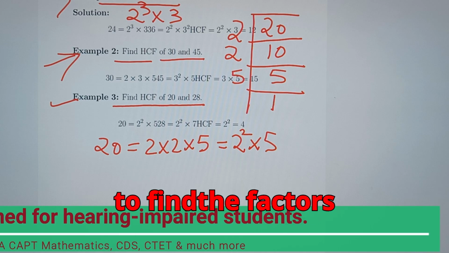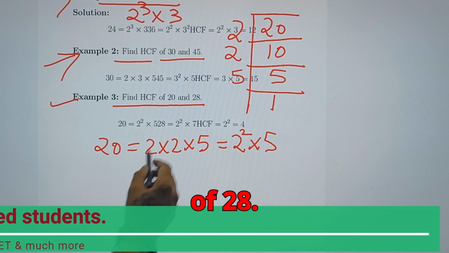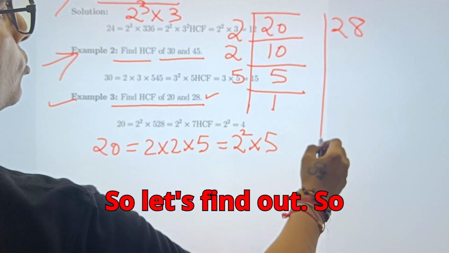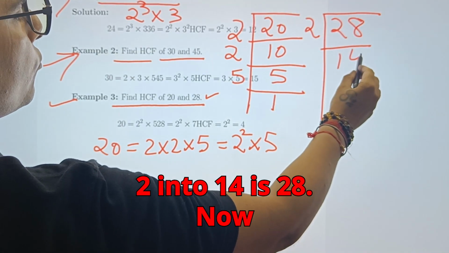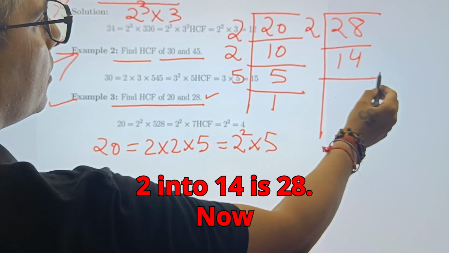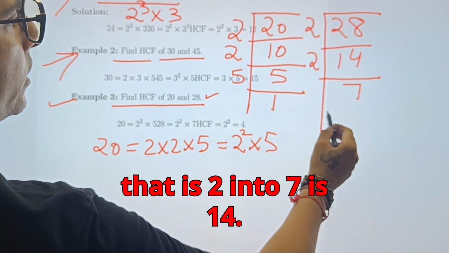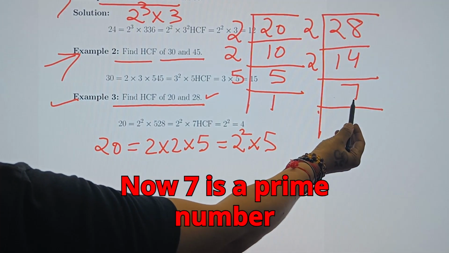Now we have to find the factors of 28. So let's find out. 28 is divisible by 2. 2 into 14 is 28. Now 14 can also be divisible by 2, that is 2 into 7 is 14. Now 7 is a prime number.